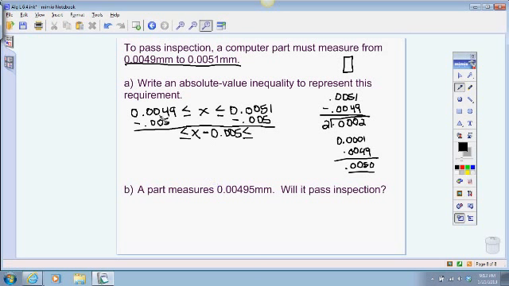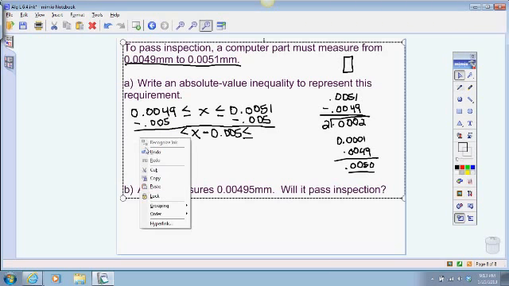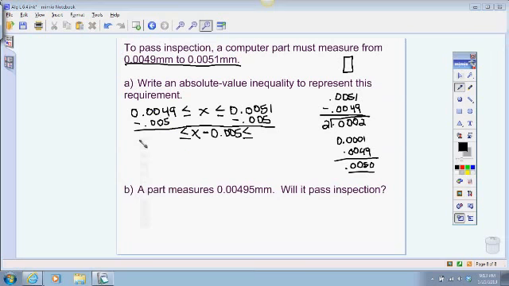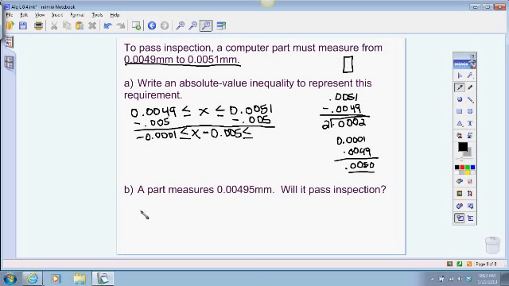Where does that leave me? 0.0049 minus 0.005 gives you negative 0.0001. And over here, 0.0051 minus 0.0050 gives you a positive 0.0001. Not too much error there.